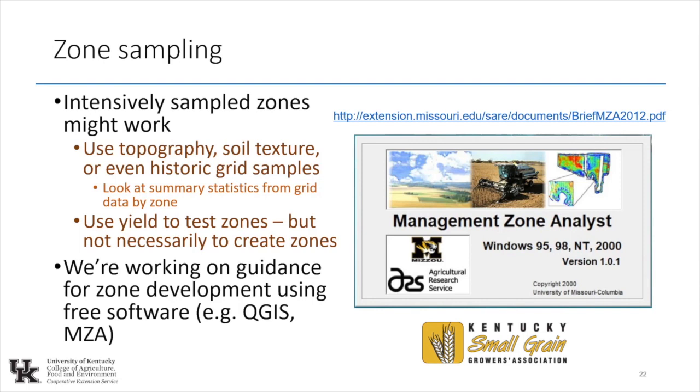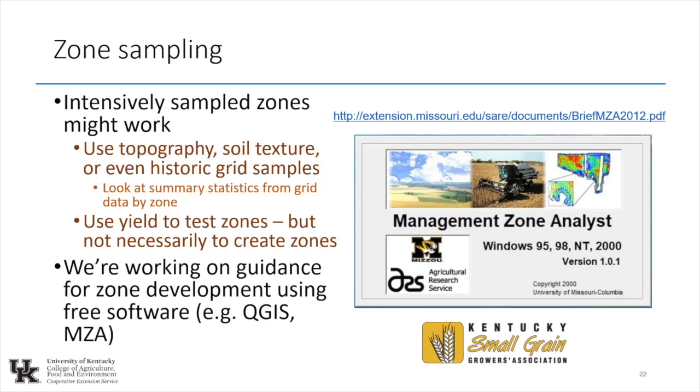Maybe you have historic grid sample data. You can bring that into a statistical package that looks through these layers. So it looks at slope and aspect and elevation and texture and even the soil map from Web Soil Survey. And it drills through there and looks for relationships of when these factors are moving together and then breaks it up into zones. You notice I didn't mention using yield to create this zone.